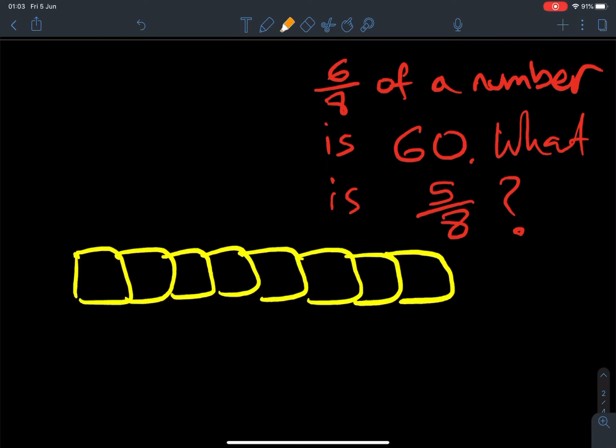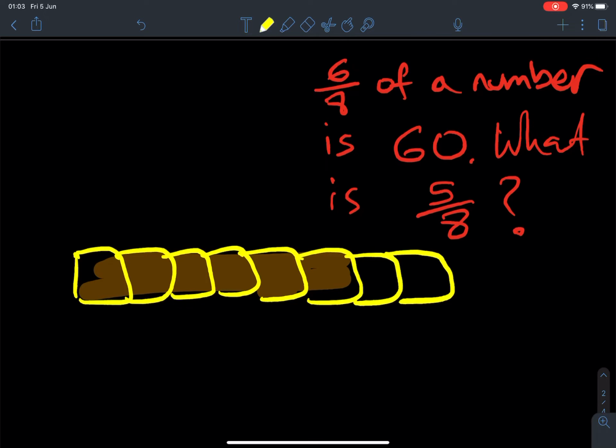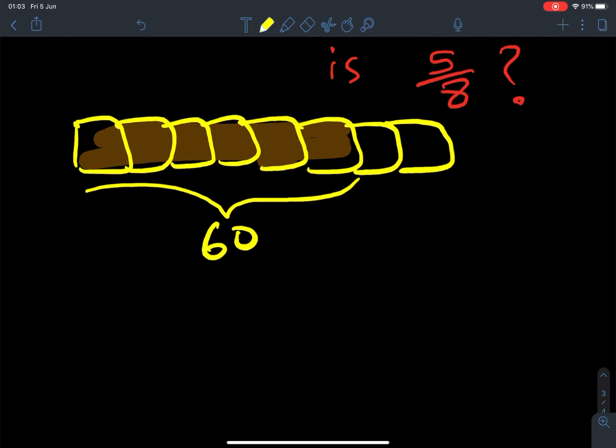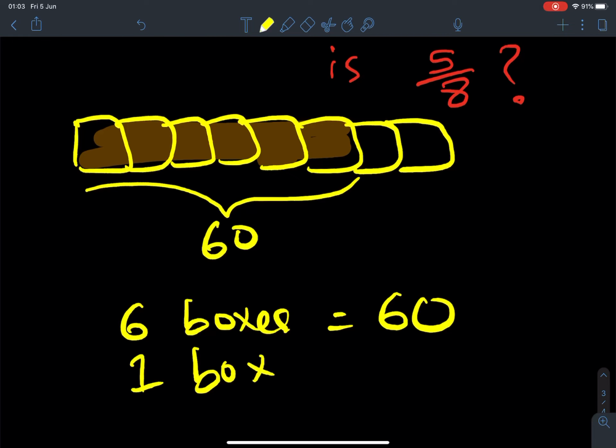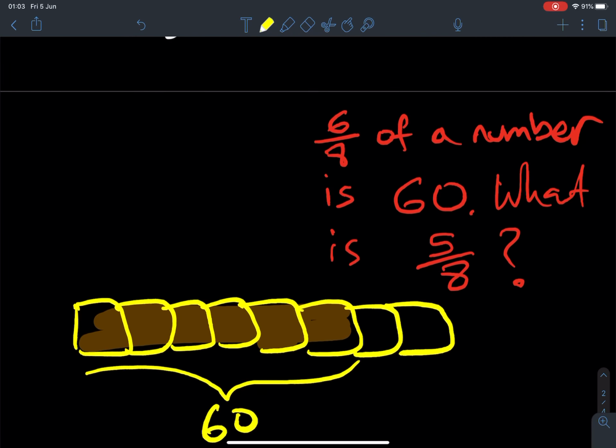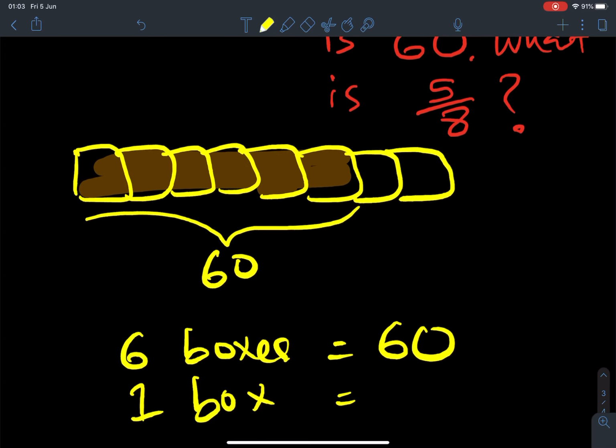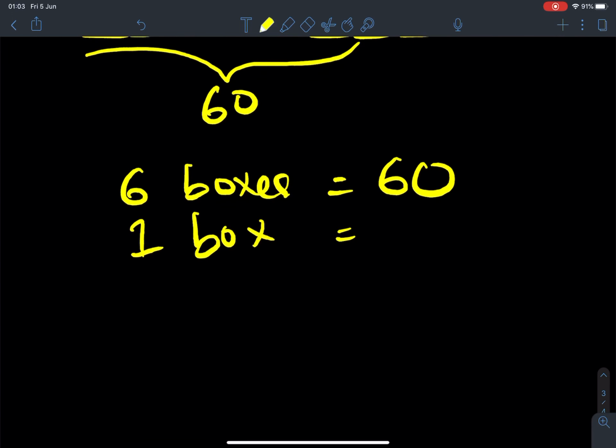No, it's telling me that these 6 boxes are equal to 60. So if 6 boxes is equal to 60, I can work out the value of 1 box. Why do I need to do that? Because if I know what 1 box is, I can easily work out what 5 boxes is equal to.